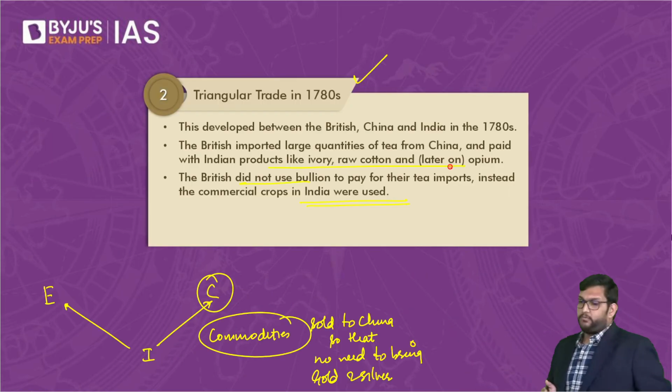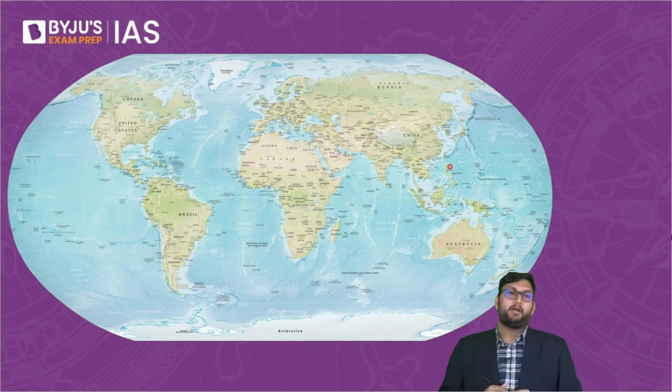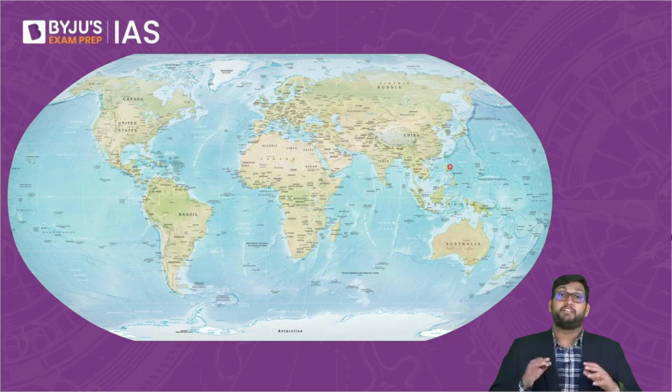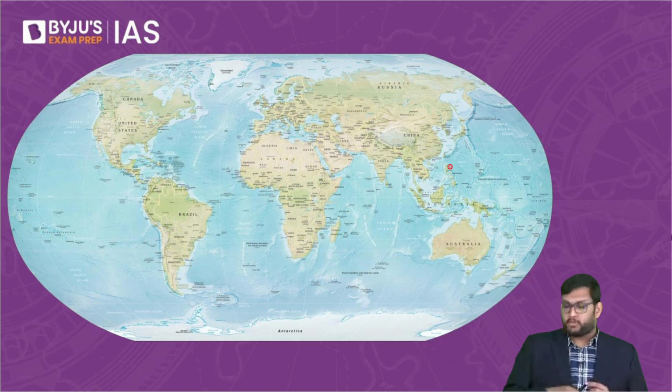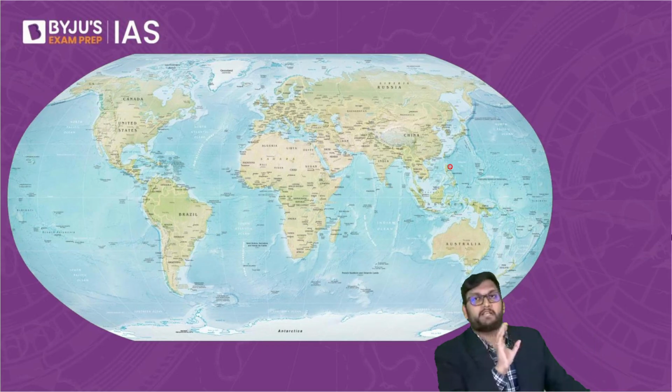So now we need to understand how and why India, or which commodities, were chosen. If they ask you a question with regards to what is commercialization of agriculture and what is the need for commercialization, you can answer that now.